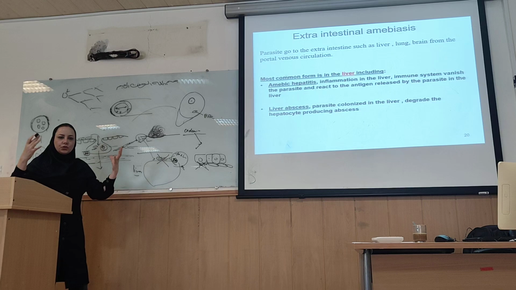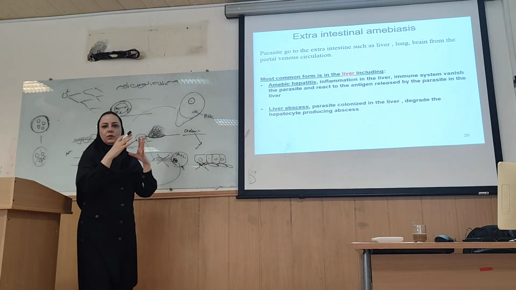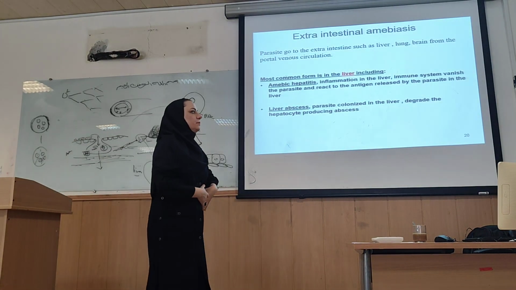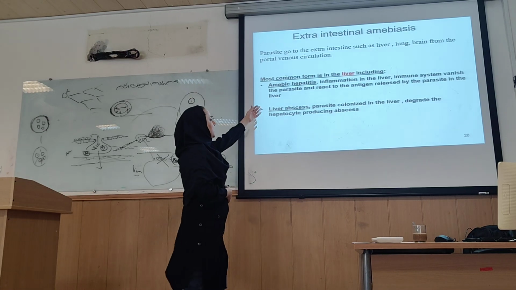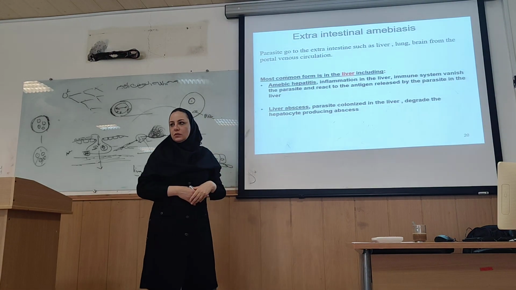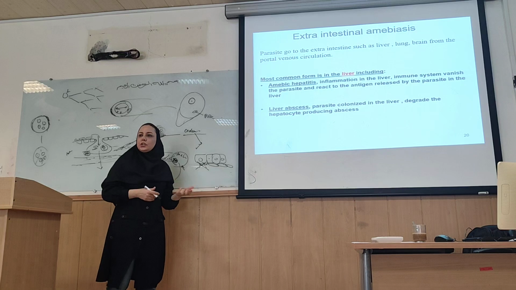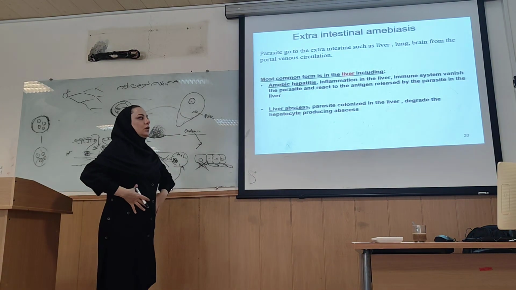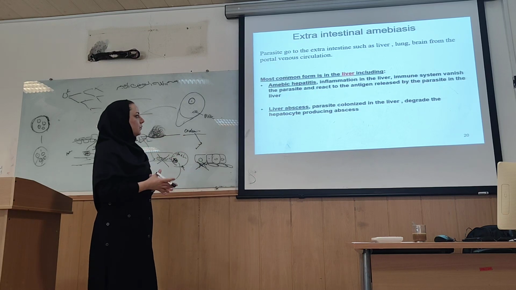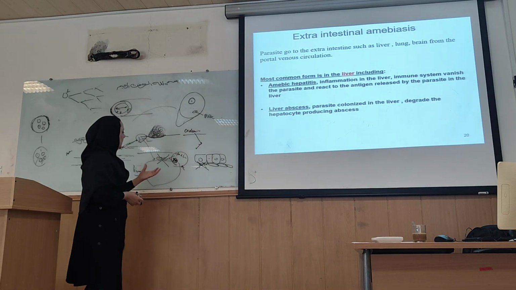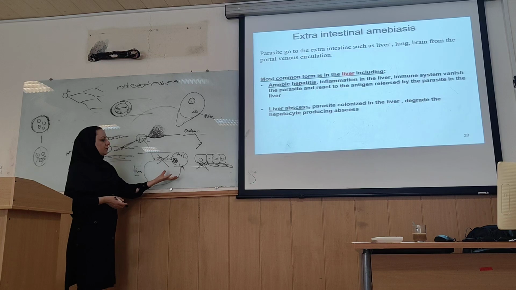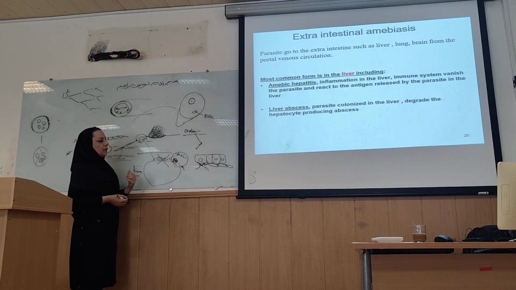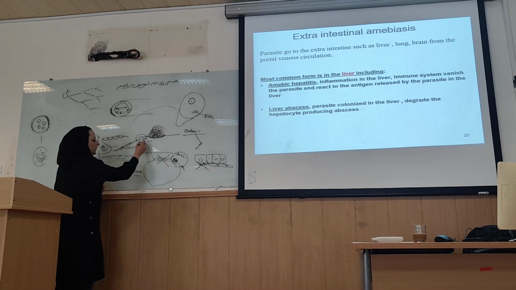The liver is enlarged, bigger than normal. It is very painful, and we call it amoebic hepatitis. So it is like viral hepatitis. The liver is bigger than normal because of the reaction of the immune system to these toxins and antigens.